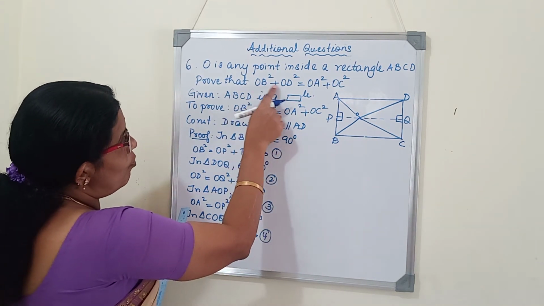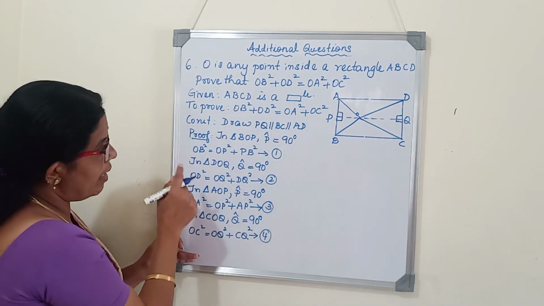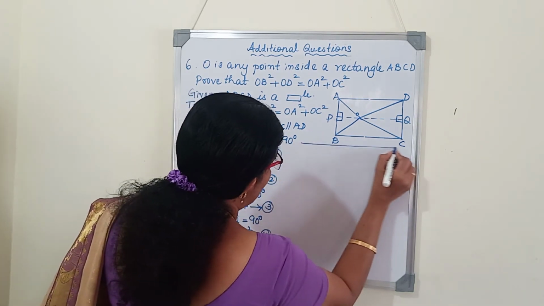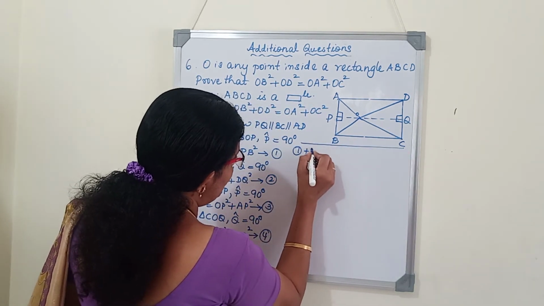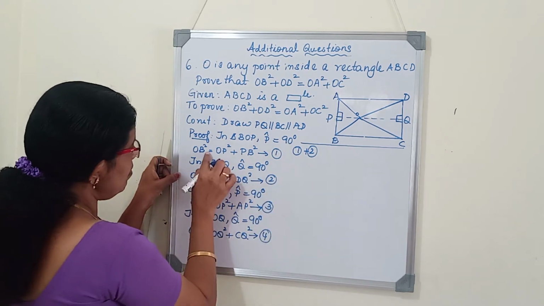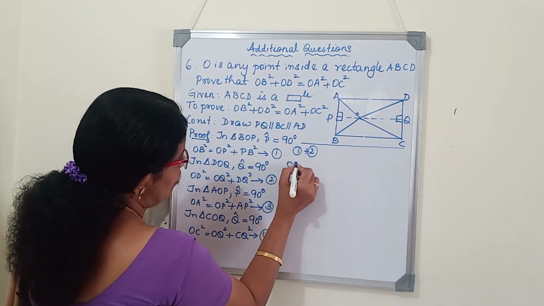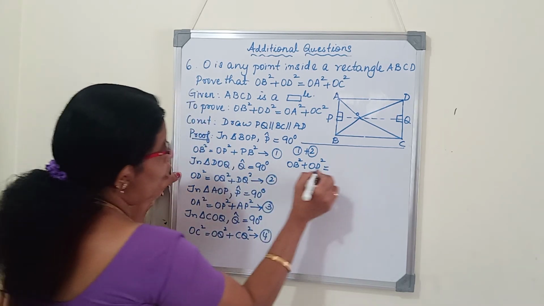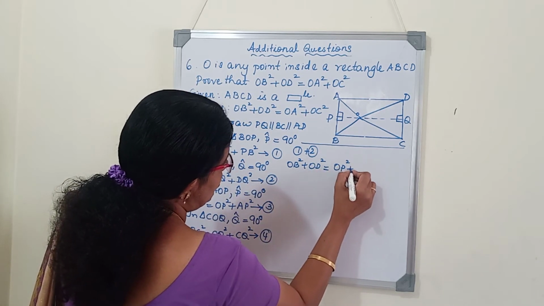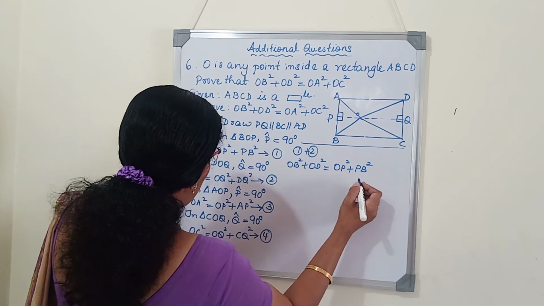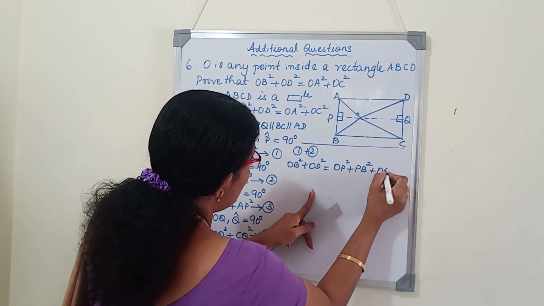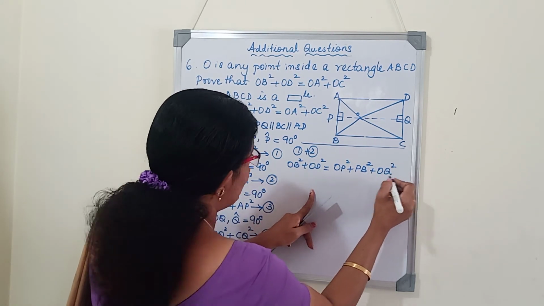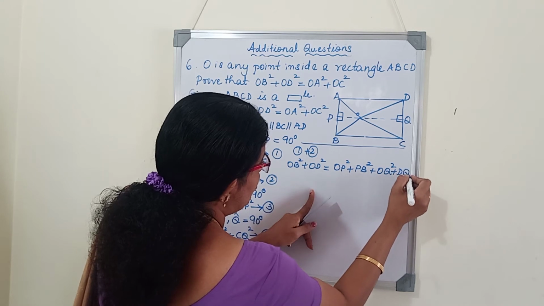Now we want to get OB square plus OD square, so we will add the first and second equations. Adding 1 and 2, we get OB square plus OD square is equal to OP square plus PB square plus OQ square plus DQ square.